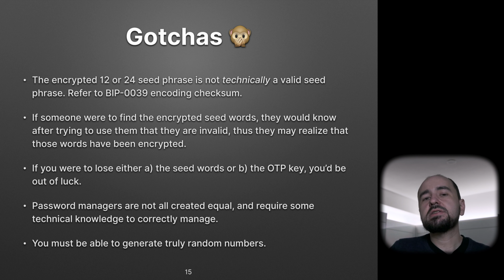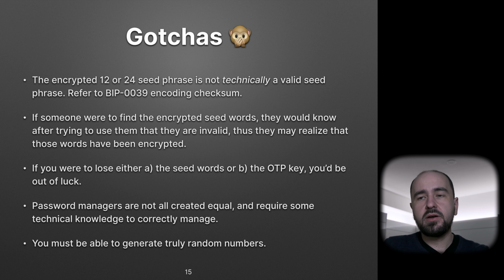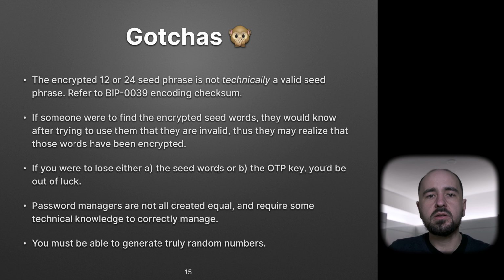In other words, if you were to take the encrypted words that you generate using this Python tool that I'm going to show you in a couple of moments here, and you tried to initialize or recover a wallet with them, it would just fail because it's invalid. The problem with that is if someone were to get those seed words and they realize that the seed was invalid, then they may be able to infer that you've applied encryption to your seed words.